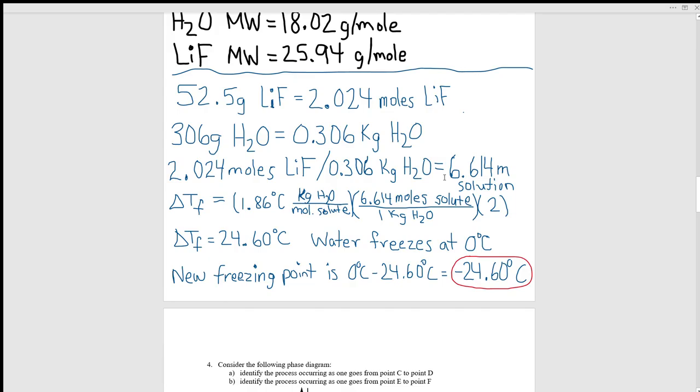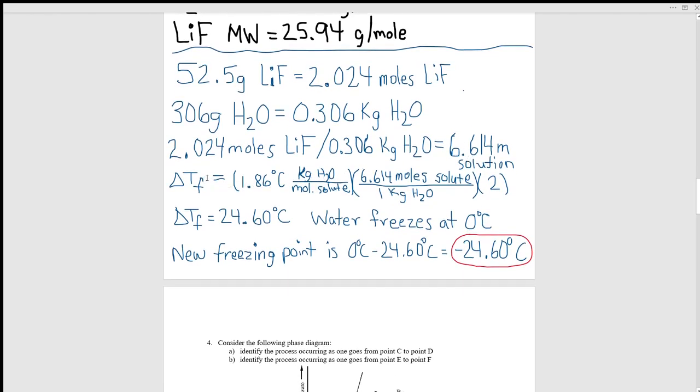We take those two values and divide them by each other to find the molality of our solution. So in this case, 2.024 moles of lithium fluoride solute particles divided by 0.306 kilograms of our water solvent is going to give us a solution with the molality of 6.614.